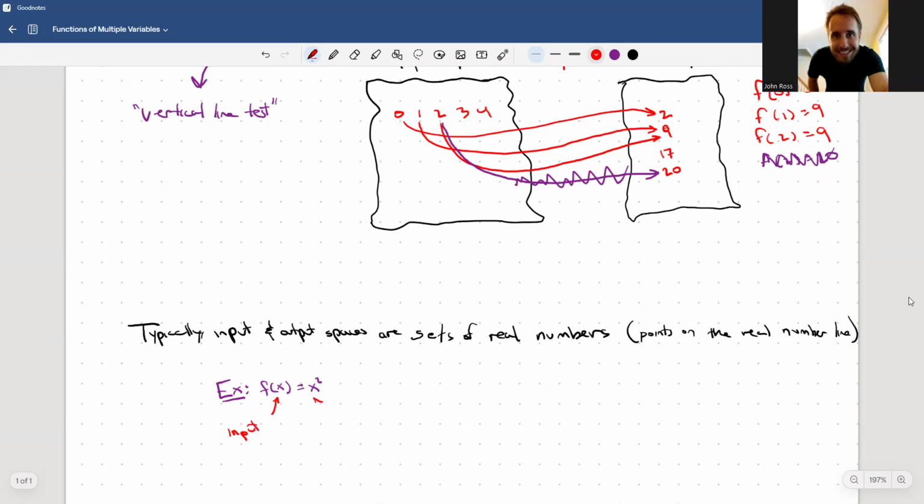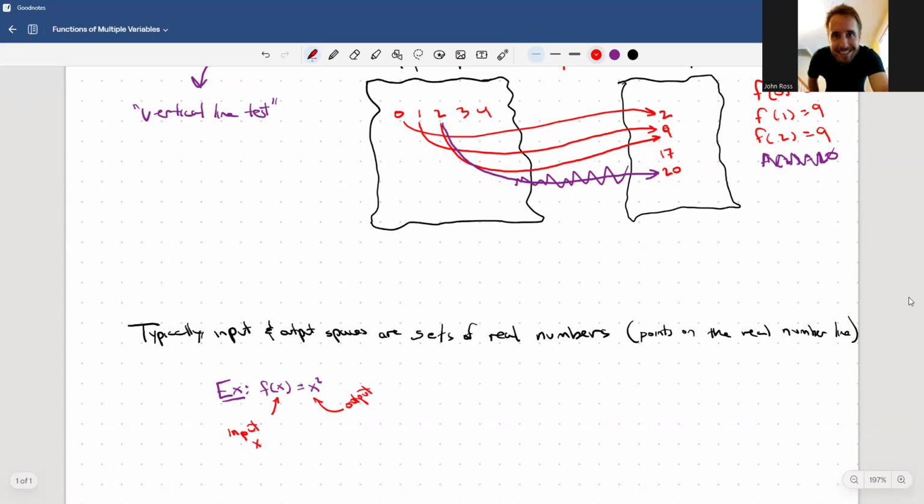And I'm imagining that the output is just that real number squared, so also a real number. And so when my input and output sets are just sets of real numbers, I can often think about a graph for these. Specifically, my input real numbers are identified with the real number line that is the x-axis.